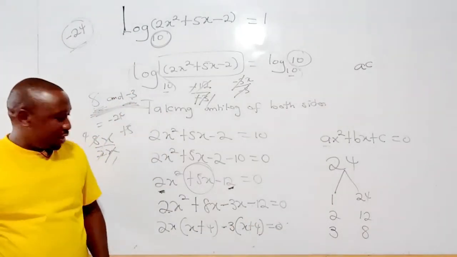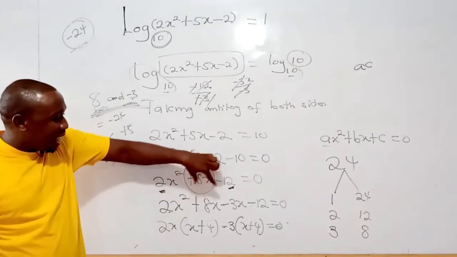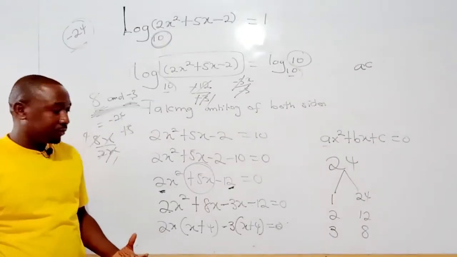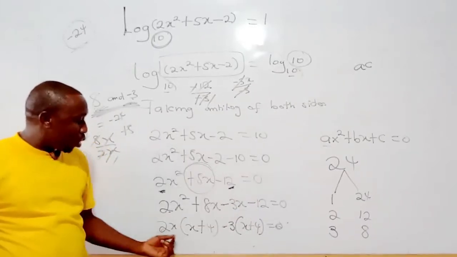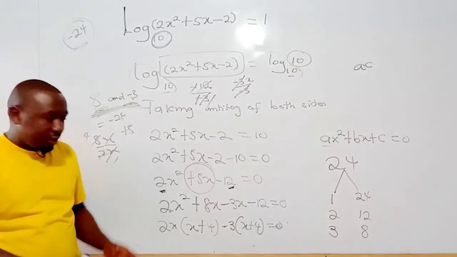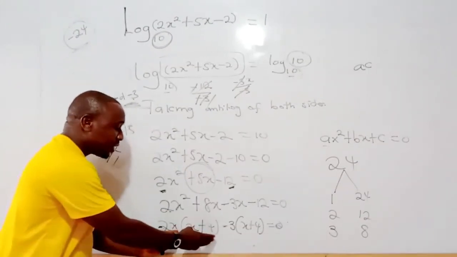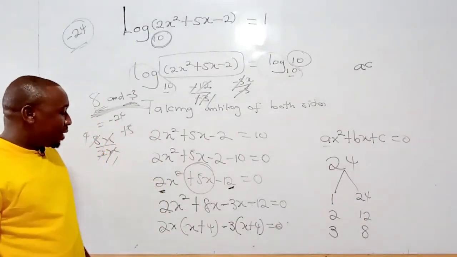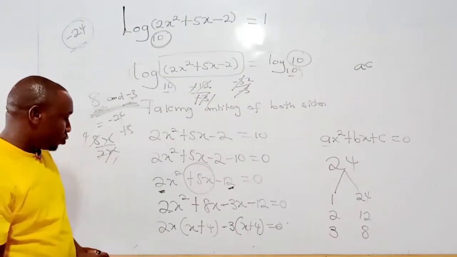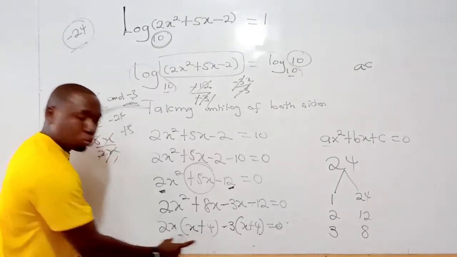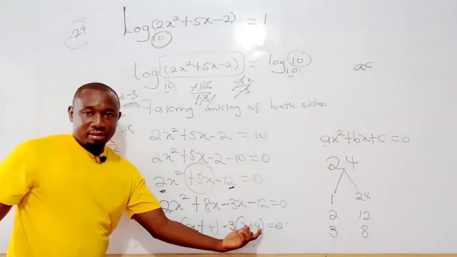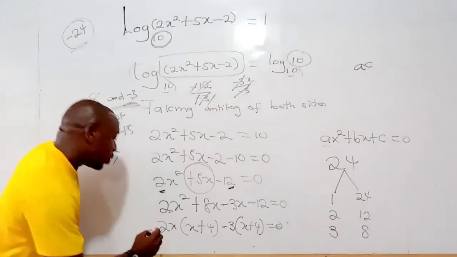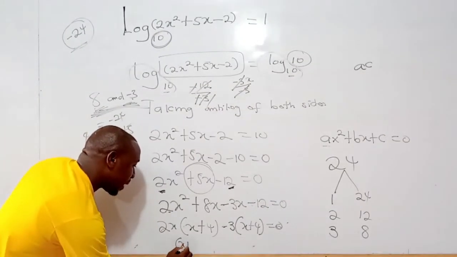So the idea is to divide the terms by the common factor you have factorized out. And you will see you'll be having the same expression in this bracket and in this bracket. What we tell students to do at this level is to choose one of the expressions in the bracket, and that will be x plus 4.